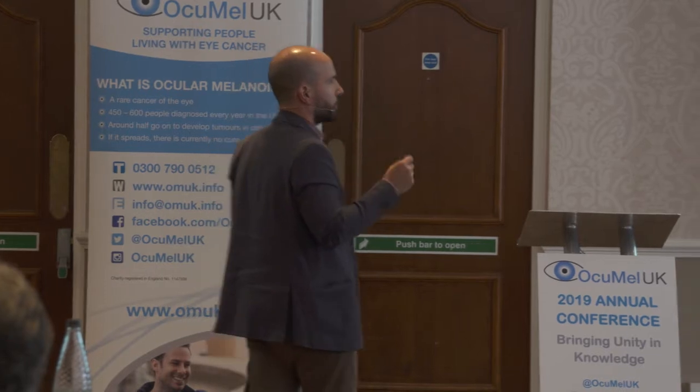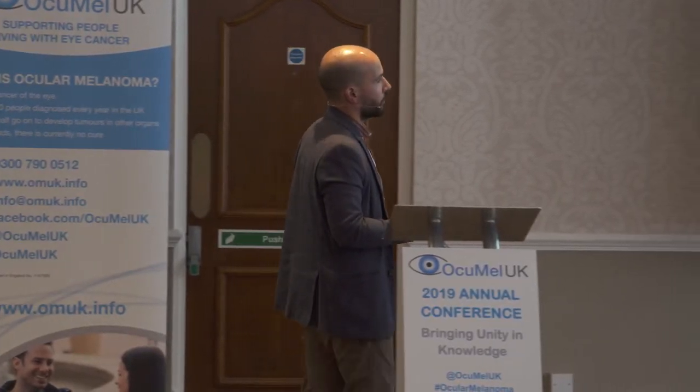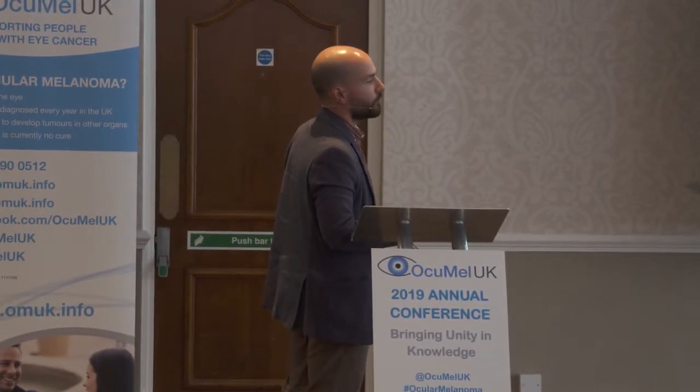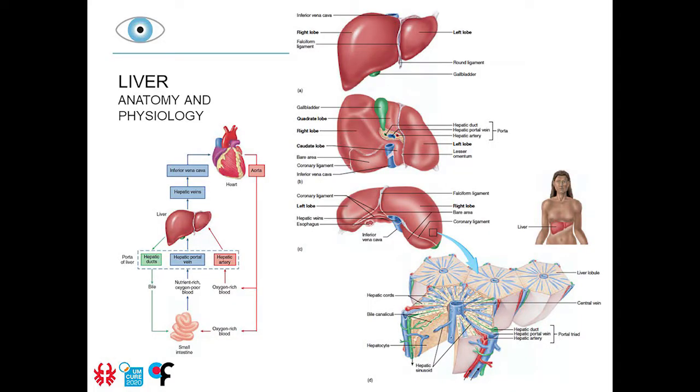But what is more important to tell you today in this talk is that it has three different drainage systems, or three different tubes inside this organ. So one of the tube systems is this red one, okay? And this red one are arteries, okay?